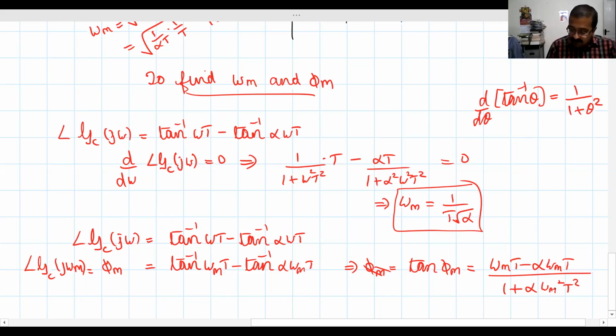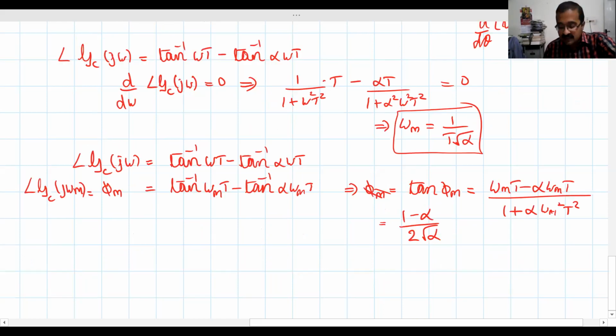If you substitute omega m as 1 by T root alpha and do some manipulation, you will get tan phi m as 1 minus alpha divided by 2 root alpha. So the maximum phase lag angle phi m will be tan inverse of 1 minus alpha divided by 2 root alpha.